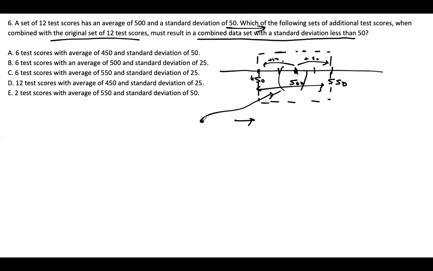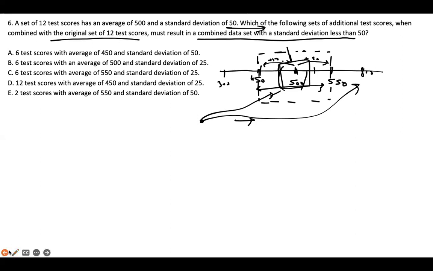If you are choosing a value that is greater than, let's say 550, let's say 800, or lesser than 450, let's say 300, standard deviation will increase. So whatever the option choices that are given, you need to find an answer choice wherein the data is very close to the mean. This is the point of giving this question.